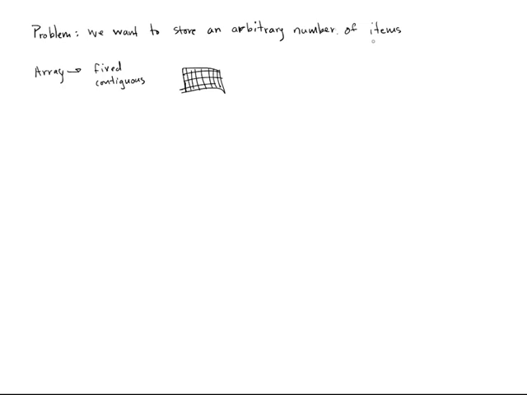So how else might we represent this? Well, we've actually already learned enough to solve this problem. And so if we think about the types that we've learned about, the one that seems the most appropriate is the pointer type. Because the pointer allows us to point to various places in memory.